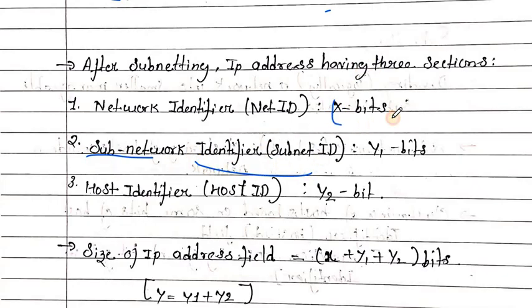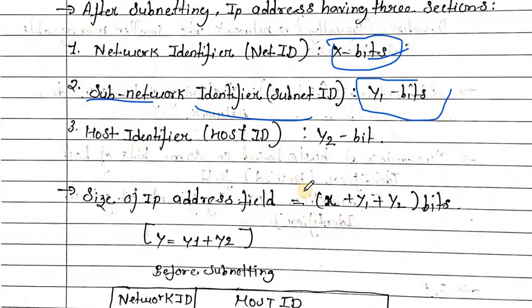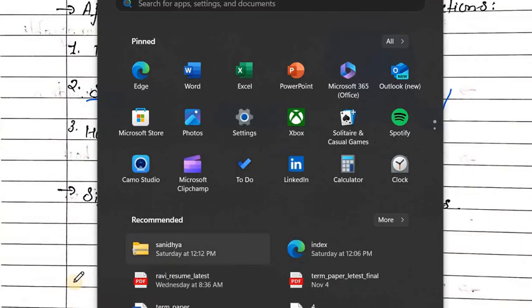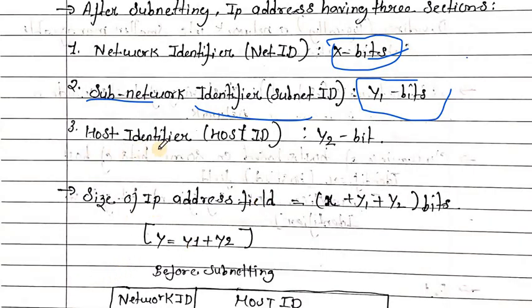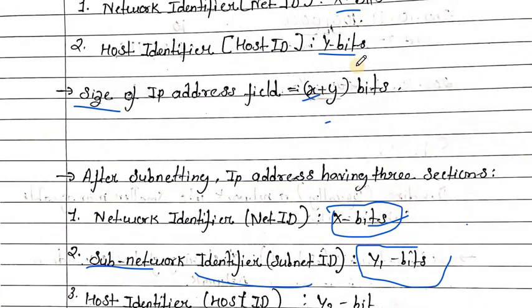The network ID is the same as before subnetting, X bits, but the subnetwork is created from the host ID field. So the subnetwork field is Y1 bits and the host ID is Y2 bits. So Y1 plus Y2 is equal to Y, the host bits before subnetting.